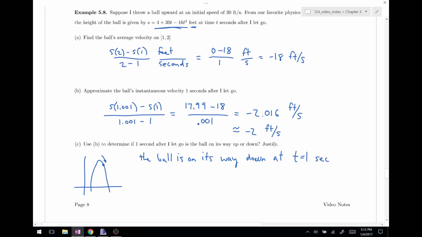T equals 1 second, because the instantaneous velocity is negative. So this is a good way to justify our answer, right? That's why I chose it's on its way down.